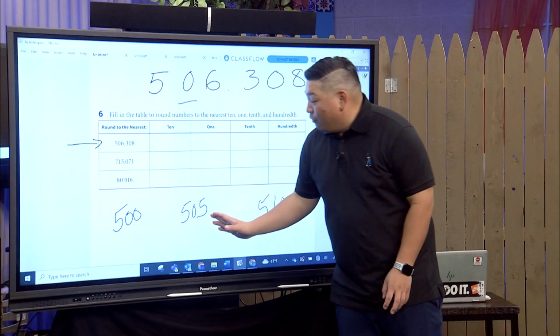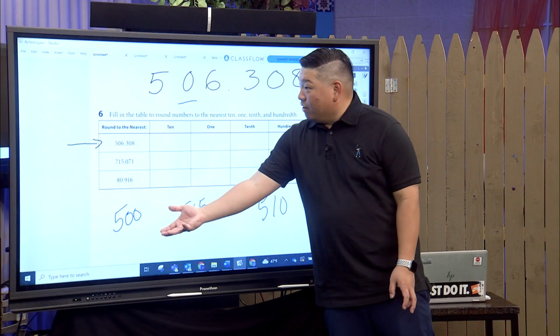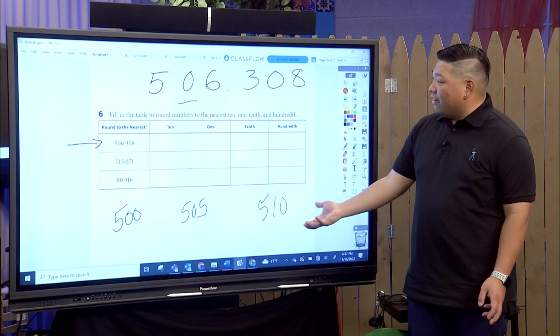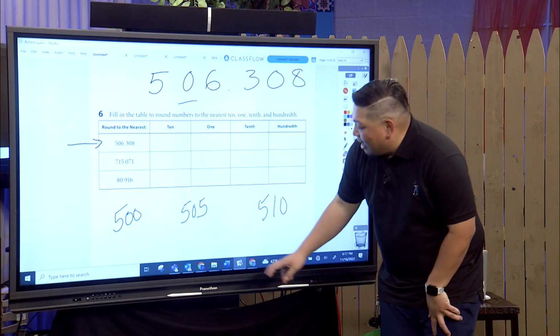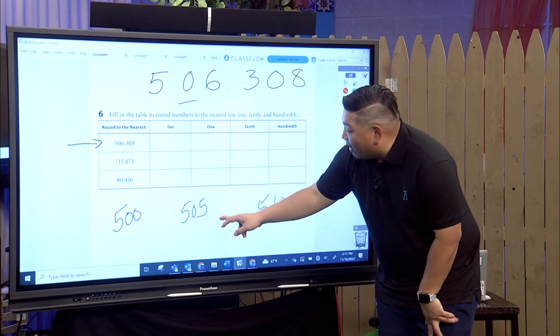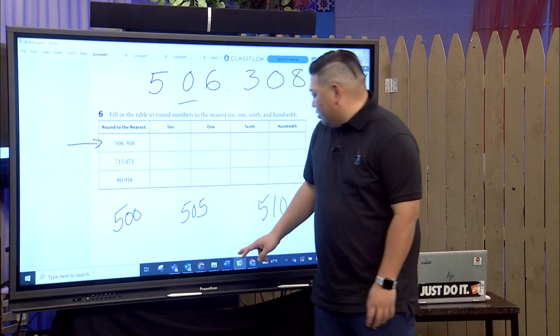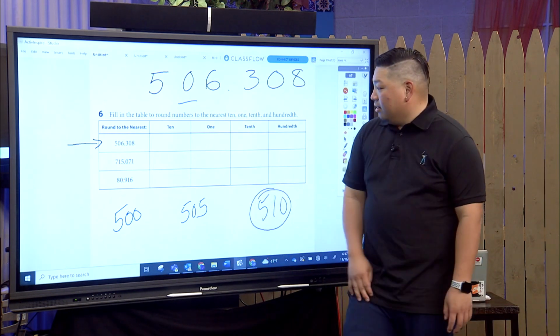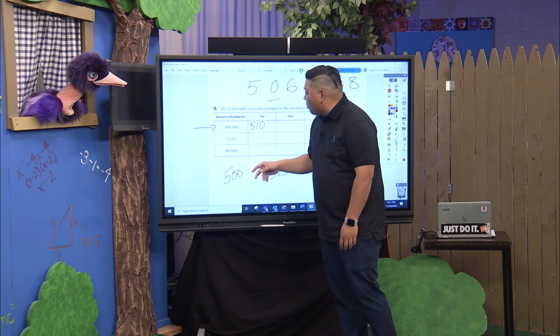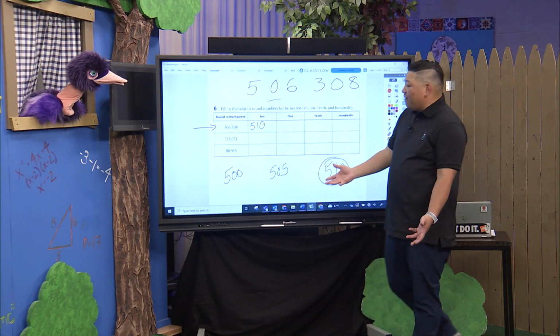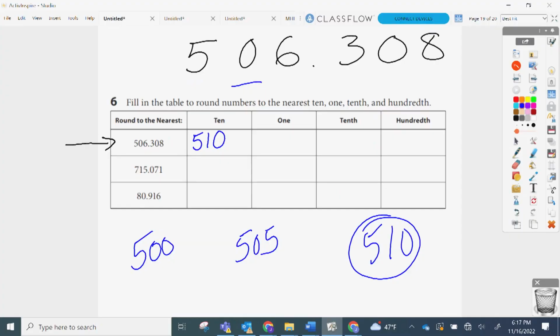So anything before that would be closer to 500, and anything after that would be closer to 510. Perfect. So what we know about 506 is it's actually one more than 505. So it's closer to 510. So it's going to round to 510. There you go. So that giant number with all those decimals, we're just going to write 510 because that is the nearest 10. Easy. We got this.